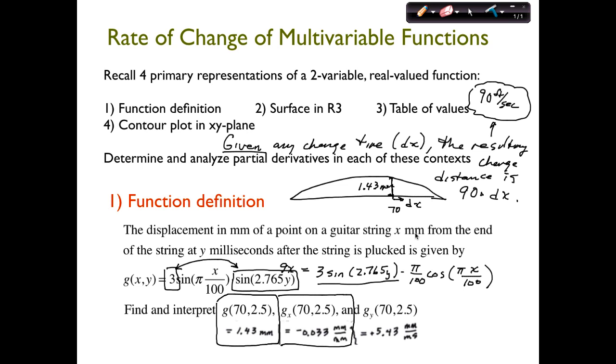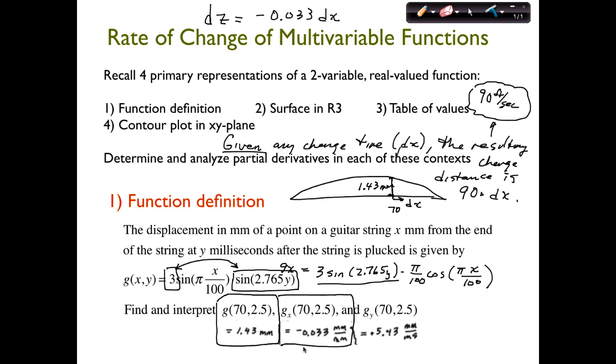In other words, at 2.5 milliseconds, dz equals negative 0.033 dx. And that's a little change from 70, right? You multiply by negative 0.033, that's how much change in displacement you'll get.